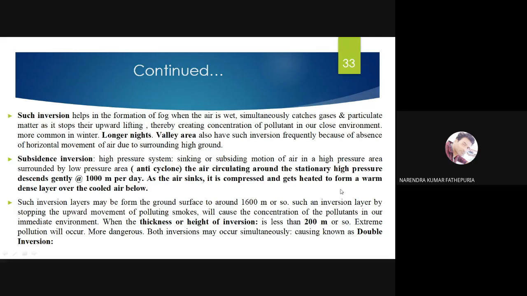As the air sinks, it is compressed and gets heated to form a warm dense layer over the cooled air below. So there's cooled air and warm air, and the temperature and pressure profile is different for the particular area, and these conditions will occur. Okay, so generally anticyclone conditions will occur.